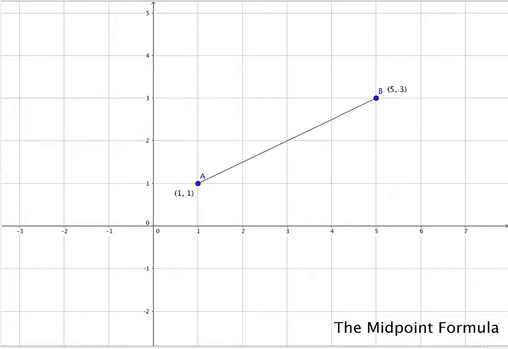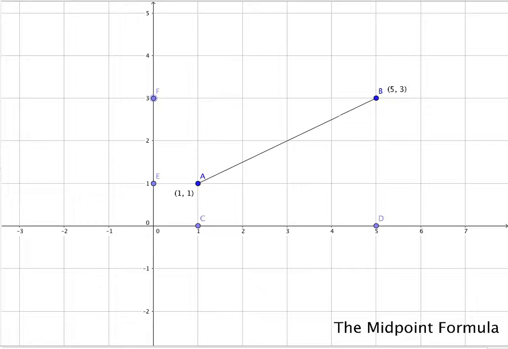So we need to start looking at the distance that we're traveling between point A and point B. We need to look at the distance that we're traveling in the x direction, which is going from there to there, and in the y direction, going from here to here.